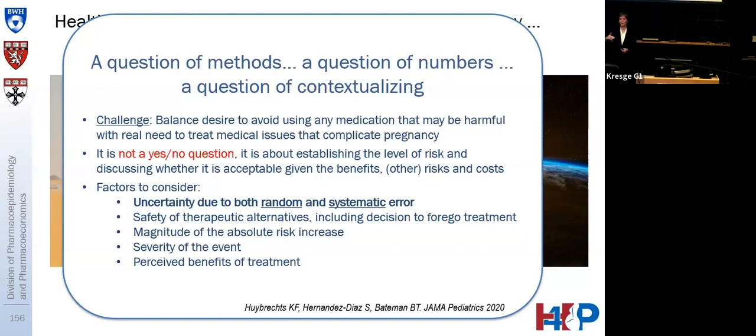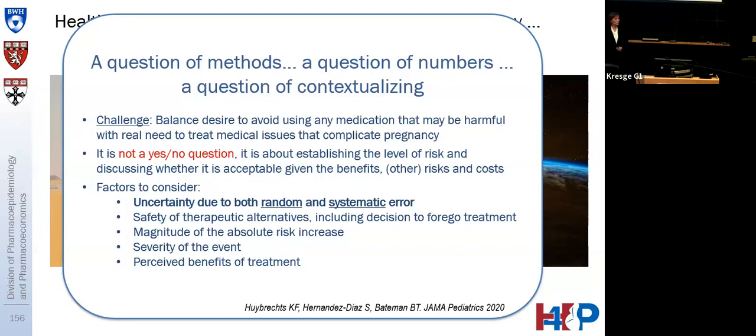It's really about establishing a level of risk and then discussing whether that level of risk is acceptable given the benefits of treatment, given potential other risks that might not have yet been studied.